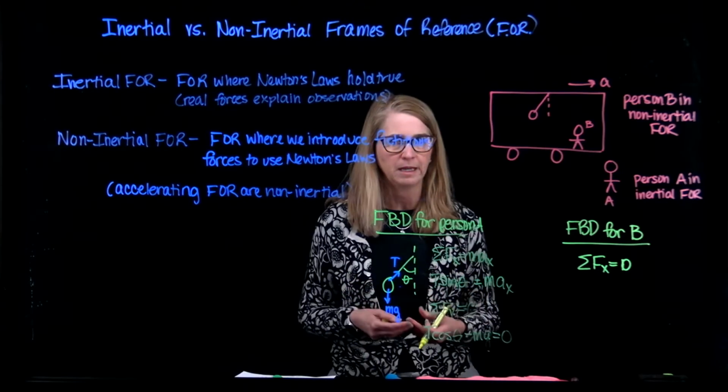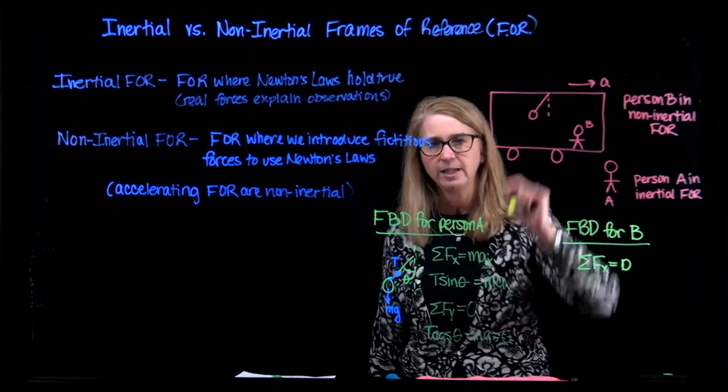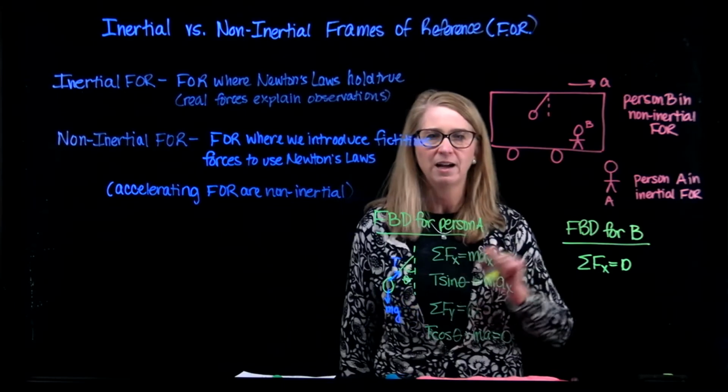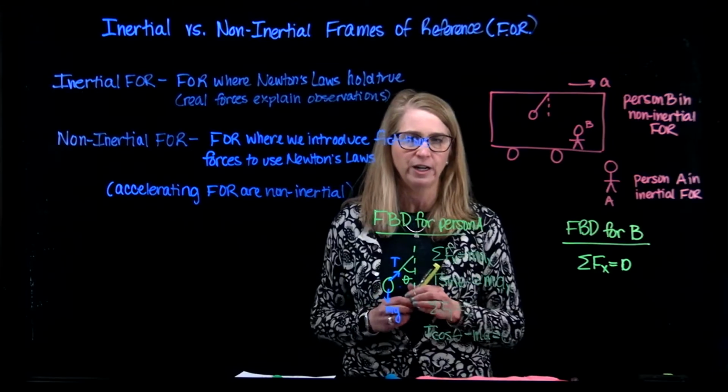I've created a magical train car where somehow person A can see inside of it and see what's happening, but person B cannot see outside, so he has no way to know that he's actually accelerating.